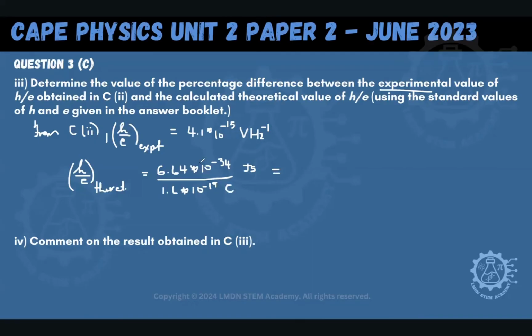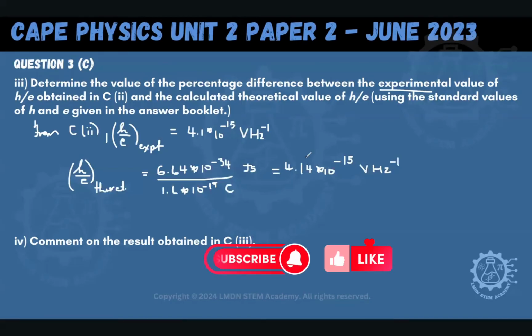When we work that through, we come out with a value of 4.14 times 10 to the minus 15, and it's going to be the same unit as the experimental one, because it's H over E, so they have the same unit.